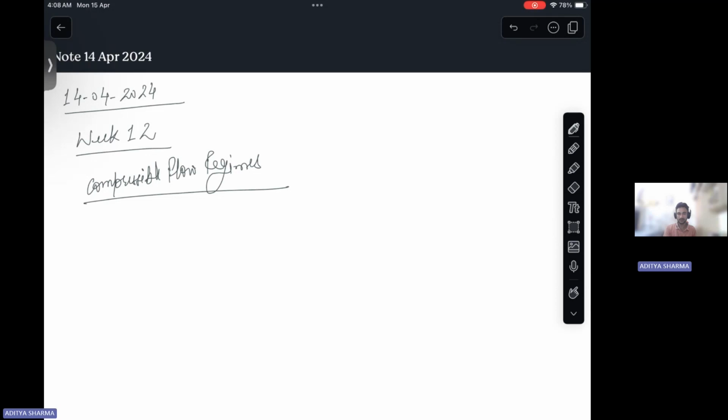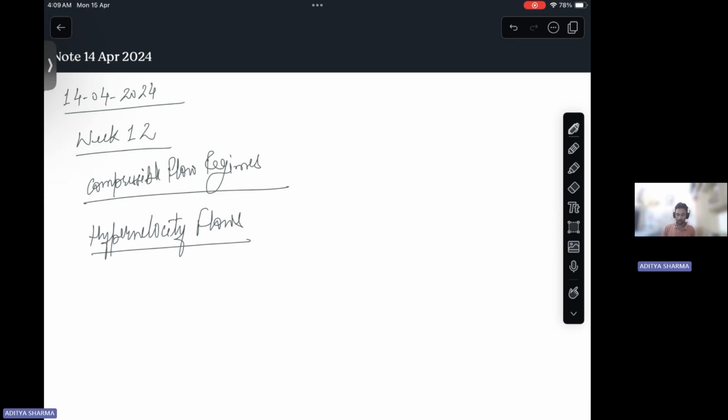Then there is classification also in terms of hypervelocity flow, where the velocity is in the range of 8 kilometers per second, right?